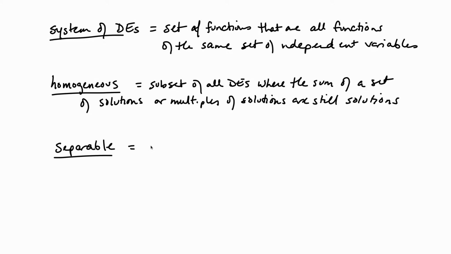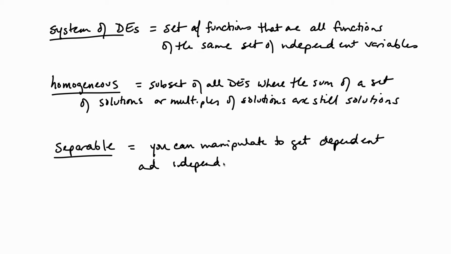So separable equations, you can manipulate them to get dependent and independent variables separate, like all the y terms on one side and all the x terms on the other.